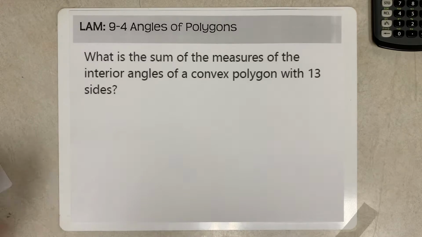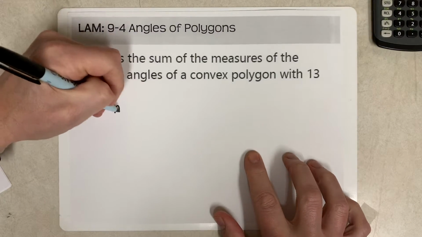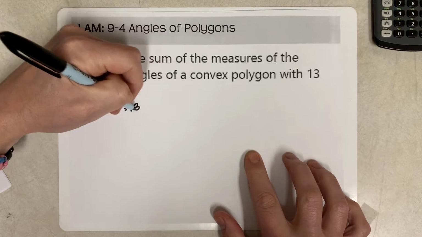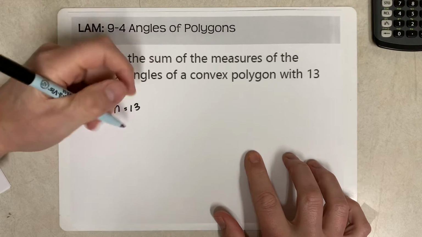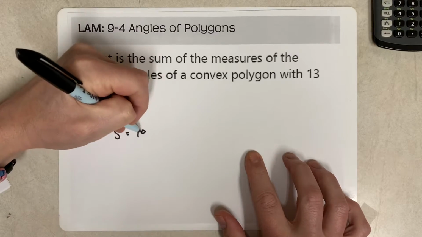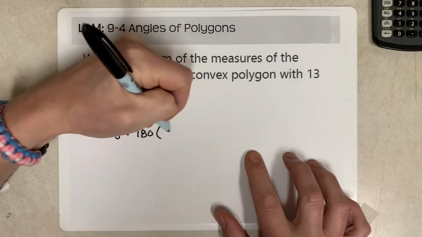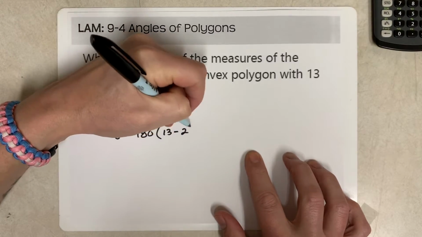This one says, what is the sum of the measures of the interior angles of a convex polygon with 13 sides? Here we have the number of sides, n equals 13. So S, the sum of all the interior angles, is 180 times (n minus 2), which is 13 minus 2.